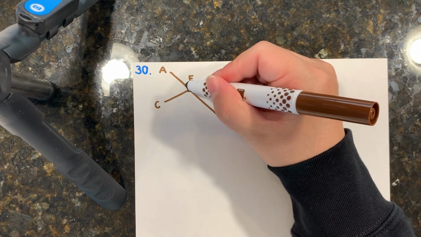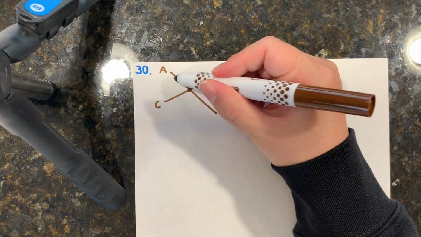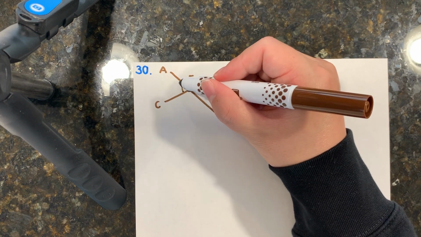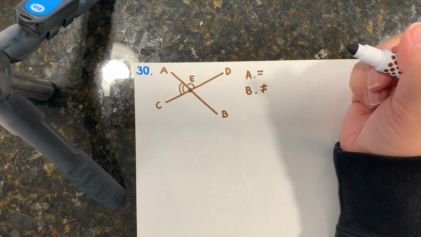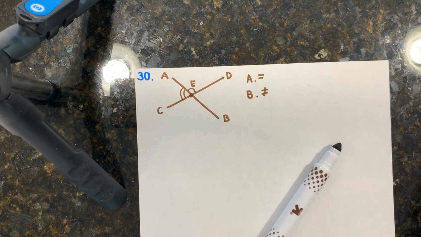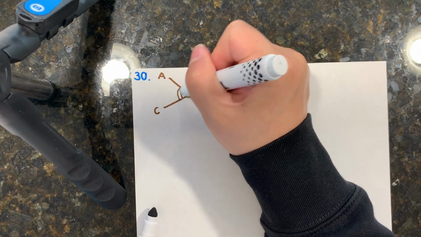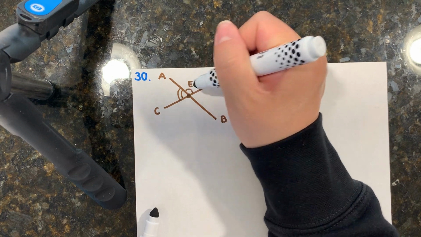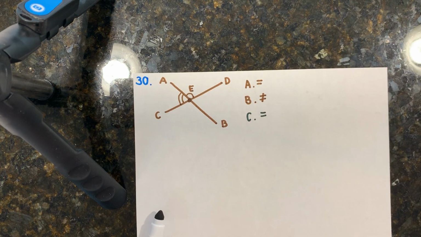So AED would be here, and CEA would be here. So B is not equal. Let's check the other ones. So the other one would be angle DEC, which would be the whole line, and BEA, which would be the whole line. So C would be equal.